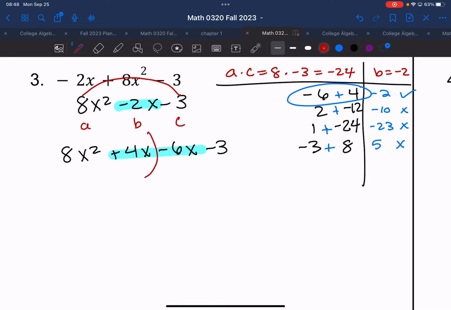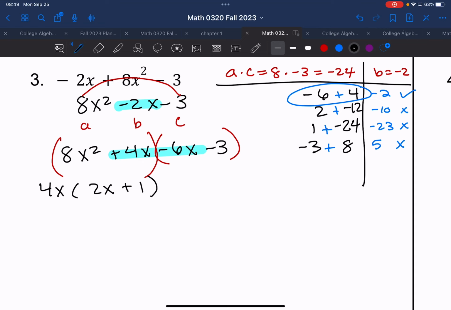From here, I group and take the GCF from each one. So what would be the GCF of the first parenthesis? 4x, and that would leave me with 2x, because 8 divided by 4 is 2, x plus 1, because 4x divided by itself is going to give us 1.